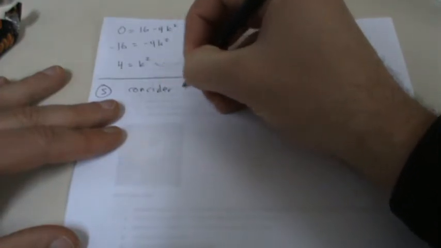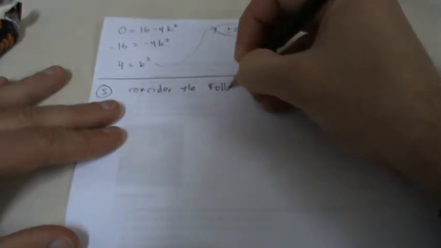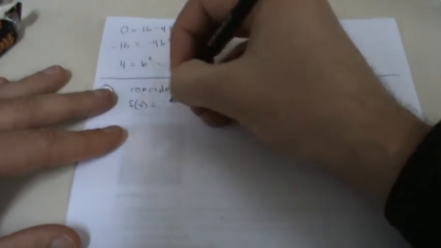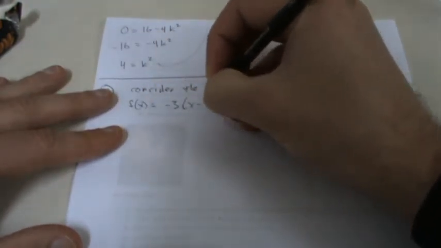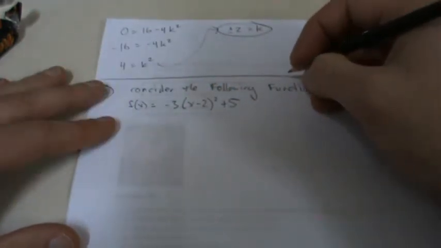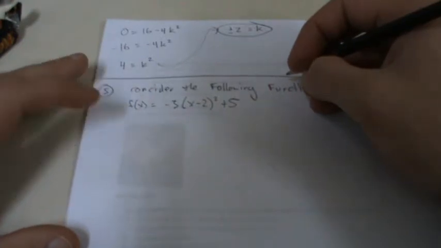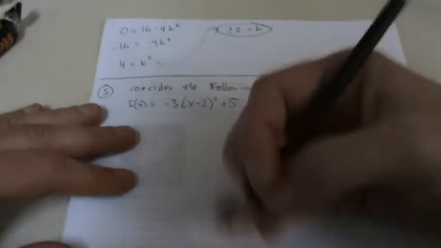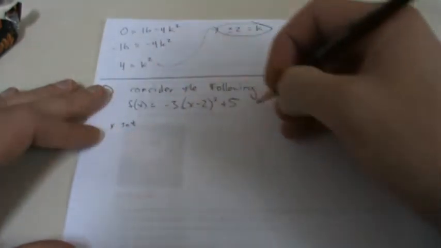Number 5. Considering the following function, find the x-intercepts, y-intercepts, vertex, axis of symmetry, maximum and minimum. Sketch the graph and state the domain and range. Okay, I'm going to find the x-intercept.